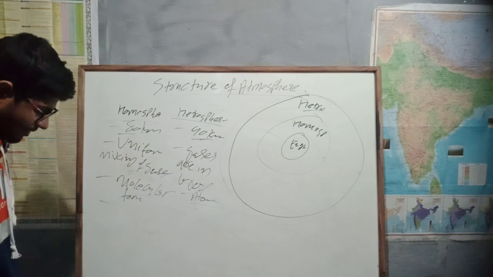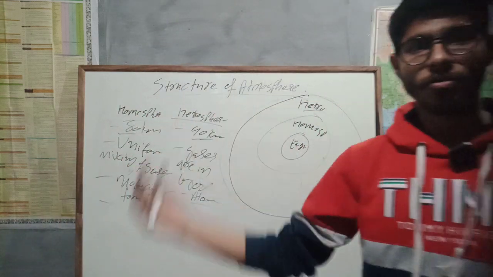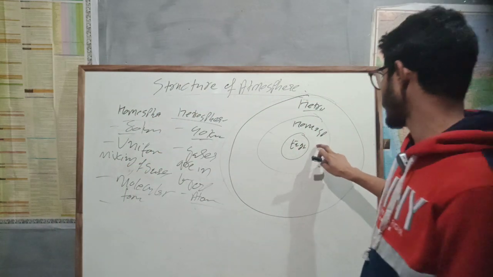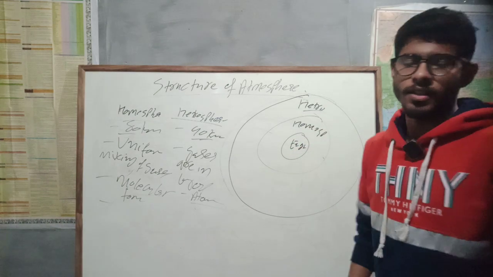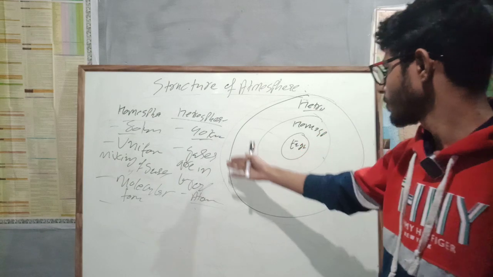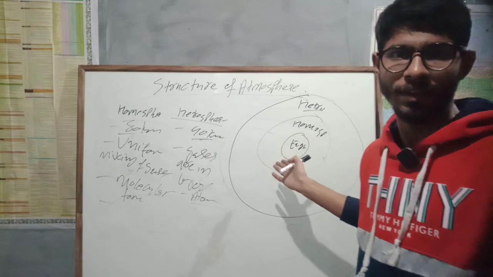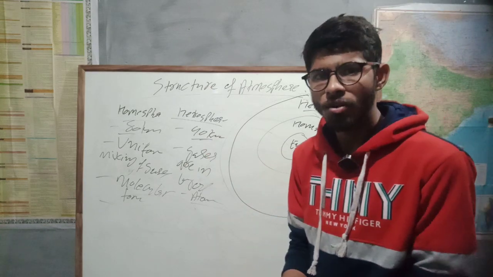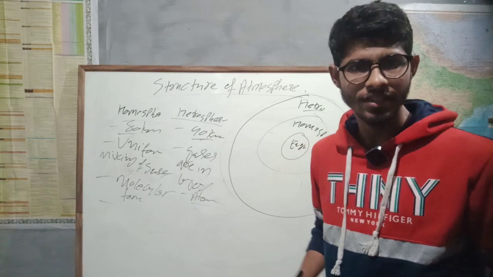Next difference: let's talk about dust particles and water vapor. In the homosphere, the amount of water vapor and dust particles is higher compared to the heterosphere, because we just discussed in the composition of the atmosphere that as we go up with altitude, the amount of water vapor and dust particles decreases.